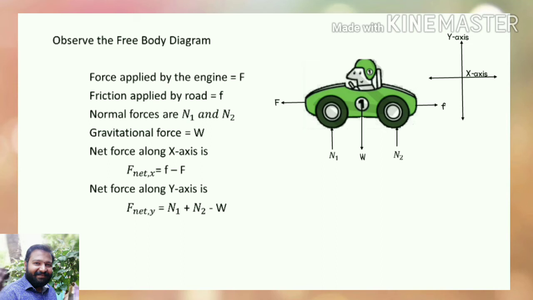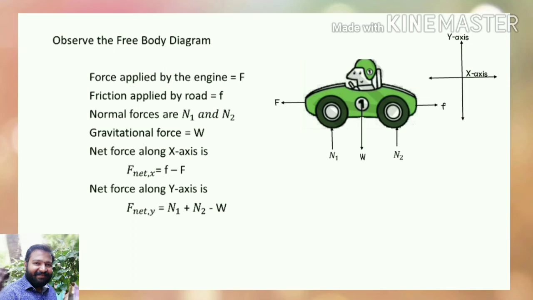That is W. Here in the vertical direction, how many forces are there in total? Good. 3 forces are there. What are those? Yes, N1 and N2, normal forces towards the upward direction, and gravitational force W towards the downward direction. Okay, so these are the forces acting on the car.